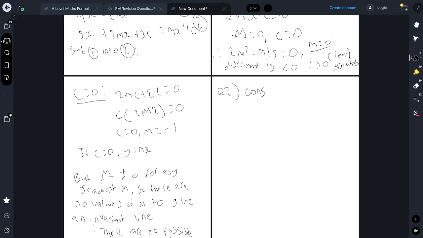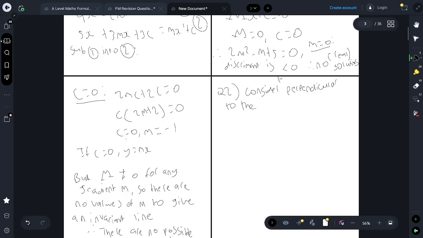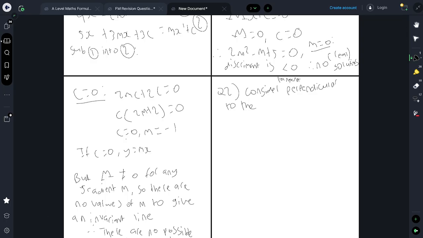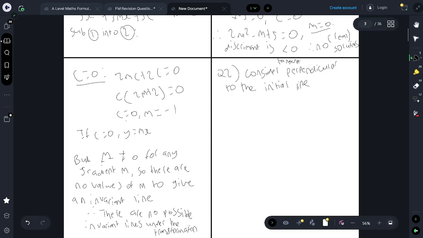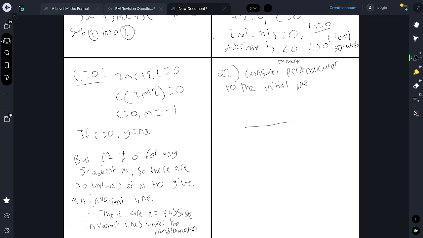The starting point is to consider the tangent perpendicular to the initial line. As a rough sketch of what's happening here, we have a polar curve, something like that.